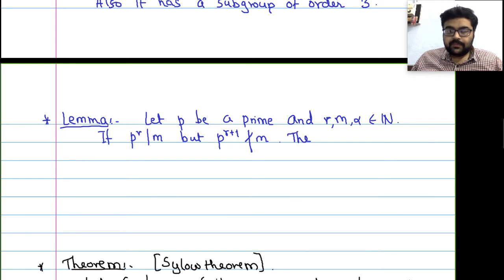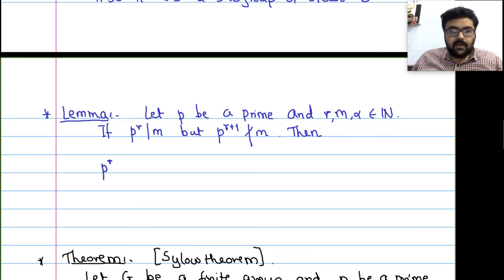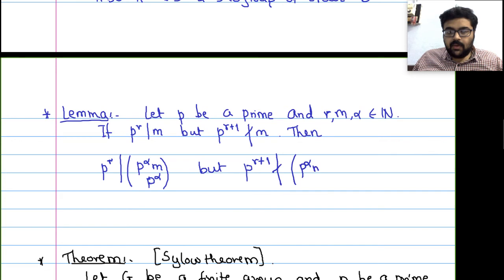Then p power r divides this binomial coefficient, p power alpha m choose p power alpha, where n choose k is what we know. But p power r plus 1 does not divide p power alpha m choose p power alpha.